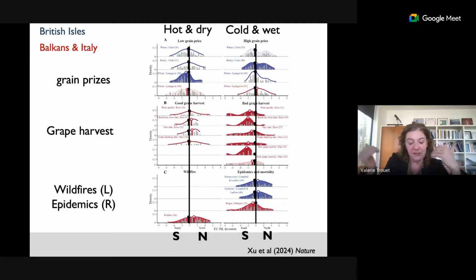Plague happened in the Balkans when the jet stream was south, but in the British Isles when the jet stream was north. And so that shows that this contrast between those two areas of Europe has been consistently creating climate extremes, but has also had a strong trickle-down effect on human history in society and economics and demography in European history.